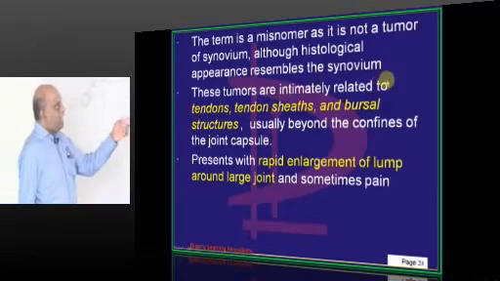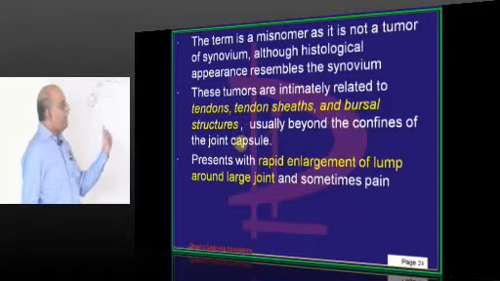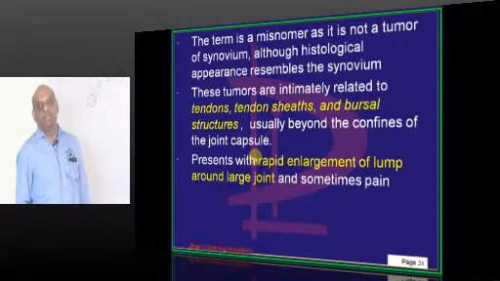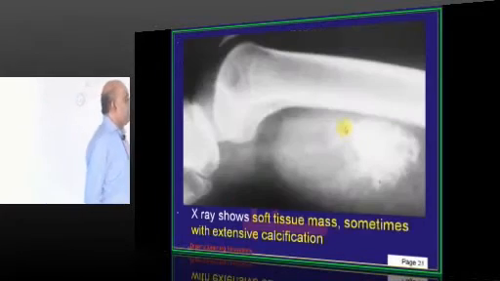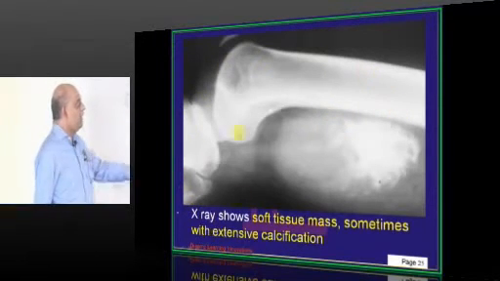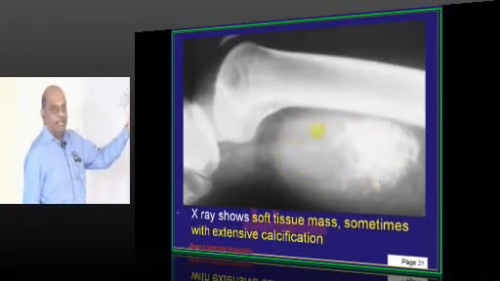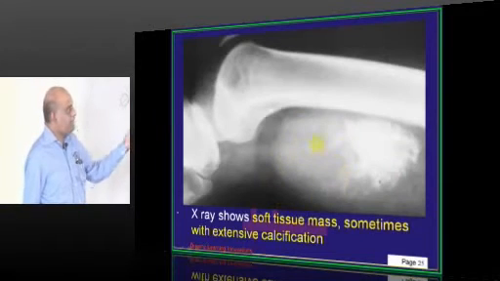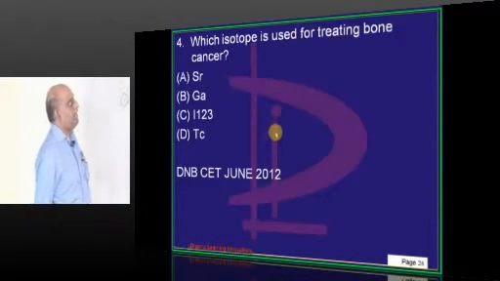So tendons, tendon sheaths and bursal structures, usually beyond the confines of the joint capsule but not from synovium, is what you have to remember. Now if you take a radiograph, synovial sarcoma very classically presents like a soft tissue mass with an extensive calcification. It is not arising from the synovium but from the surrounding structures.